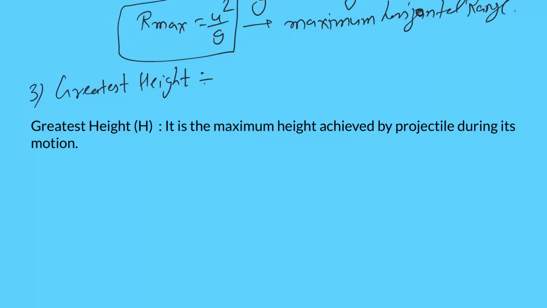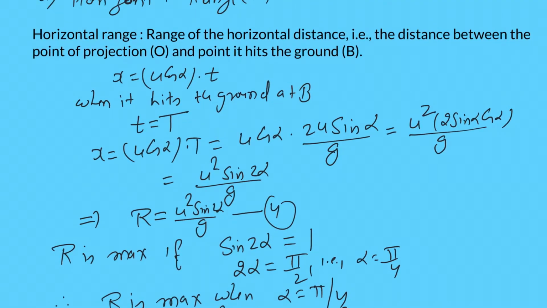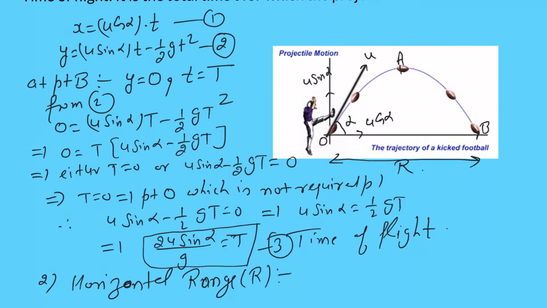So if we go back to this particular figure, this height, I say, is the maximum height achieved, and this is h, and at this particular point the tangent will become parallel to the horizontal, and alpha will become 0.